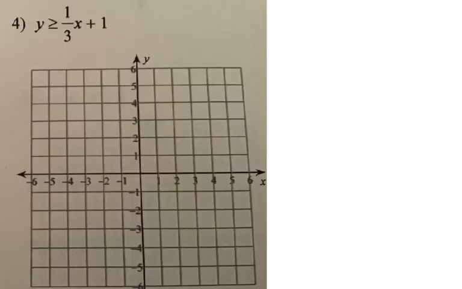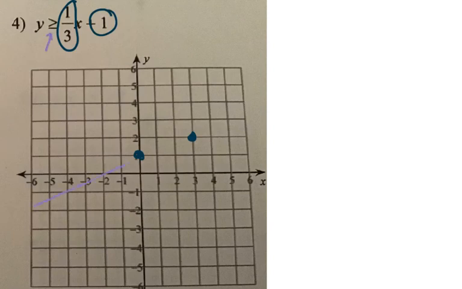Okay, let's do one more. Last one. The plus 1 means positive 1. The 1/3 means I go up 1 over 3. So those are my 2 points I need for my line. Notice right here, guys, it does say equal to.